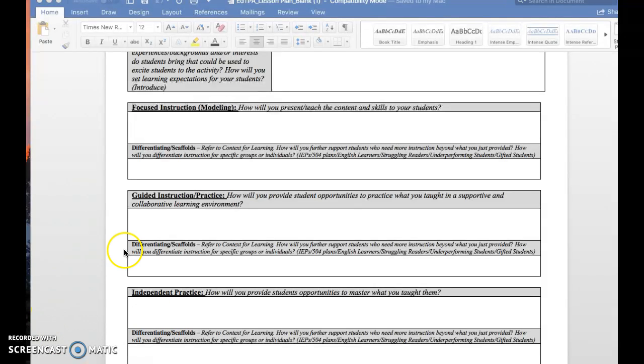So during these three instructional practices, this is how I'm going to help them learn as well.